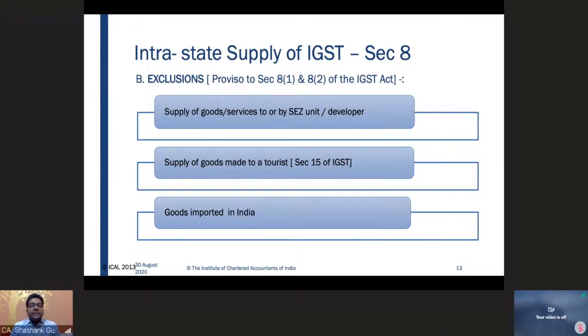Second, supply of goods made to a tourist. Tourist meaning that, friends, when foreigners come to visit India, they are traveling, they buy some souvenirs, some goods they like in India, and they generally want to take it back as a memory with them. So it is an international concept that a country earns foreign exchange only when the goods are actually shipped out of India?